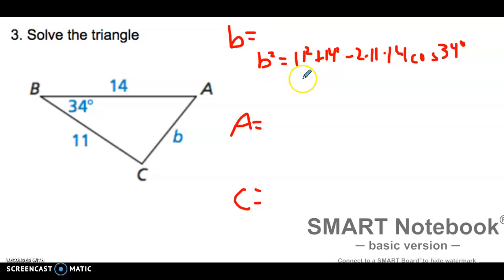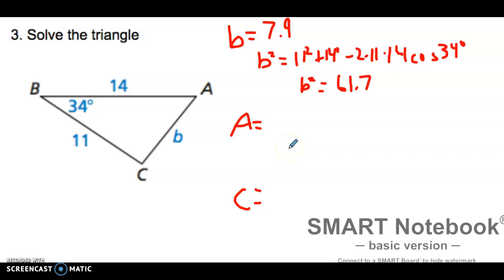When you hit enter, you get B squared is equal to 61.7 if we round it to the nearest tenth. So 61.7 is what B squared was, so I have to take the square root of that number, which I can put in my calculator as answer, and I get 7.9 rounded to the nearest tenth.